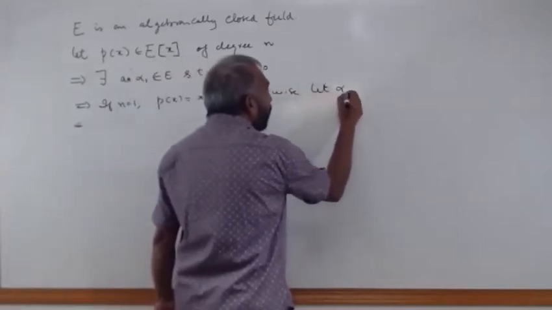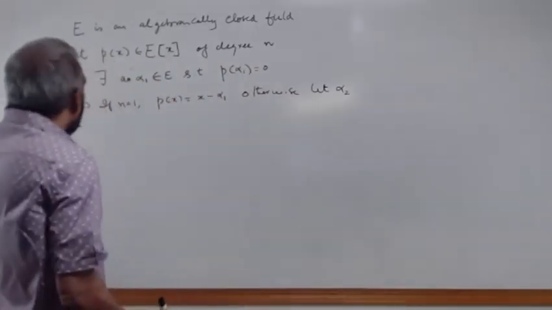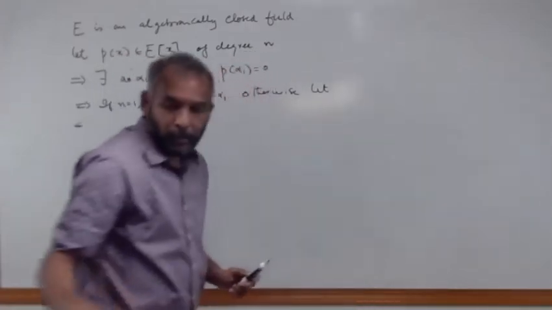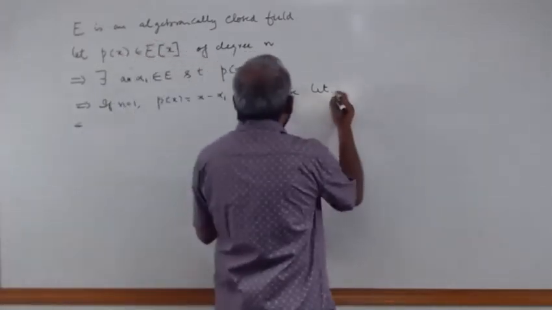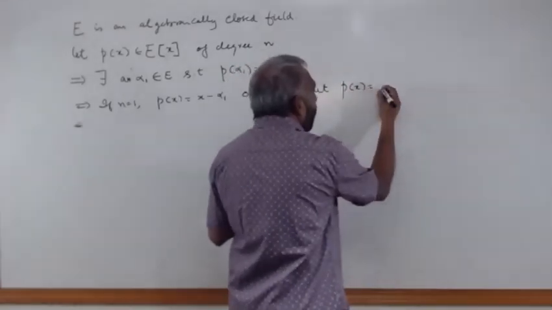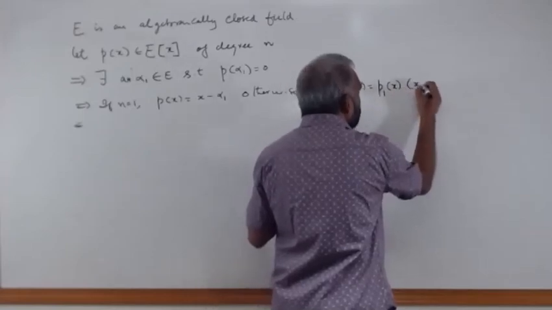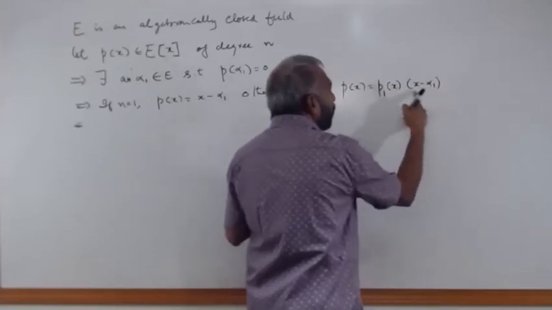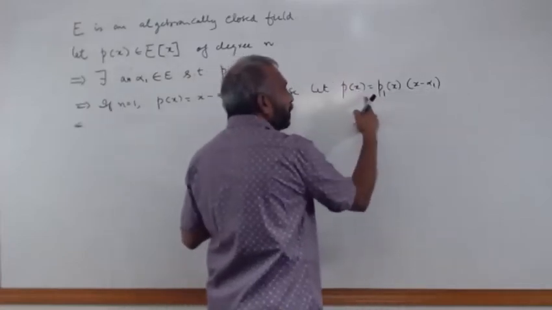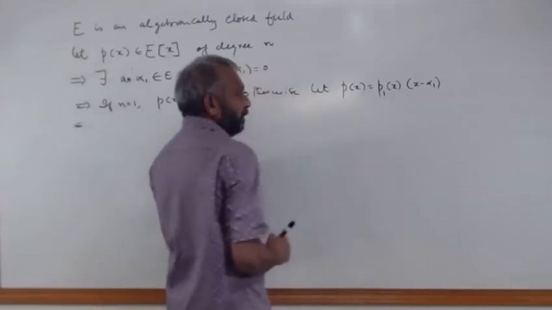Okay? Otherwise, we can write p of x equal to p1 of x times x minus alpha 1, because x minus alpha 1 is a factor of this. So you can multiply this, and this is actually a polynomial of degree less than this.